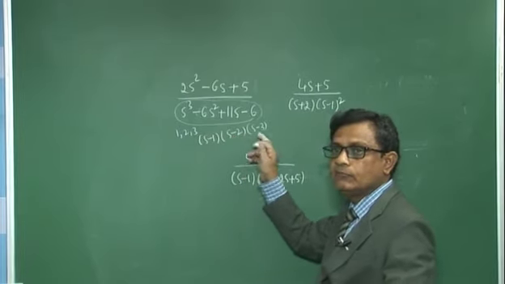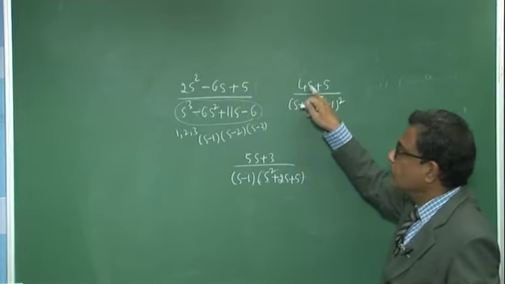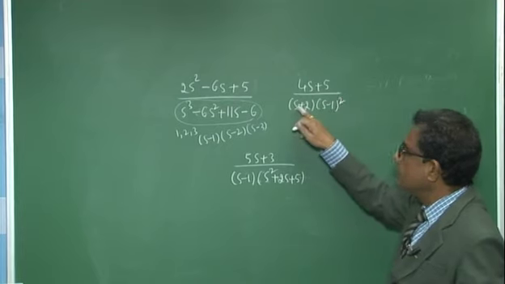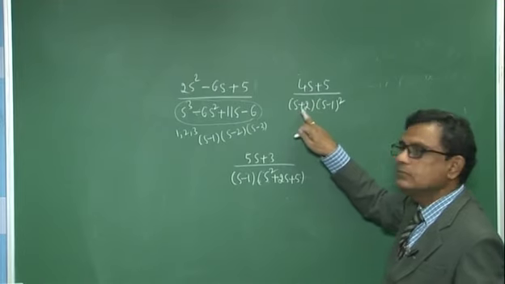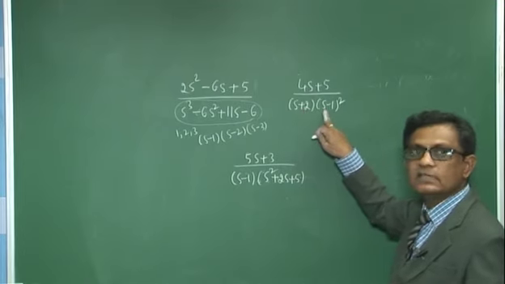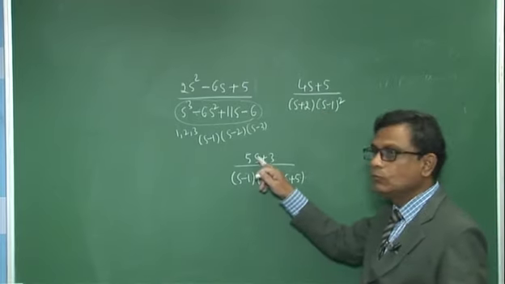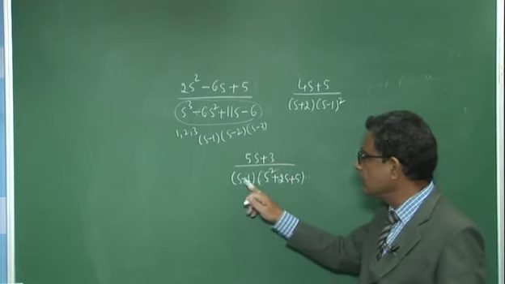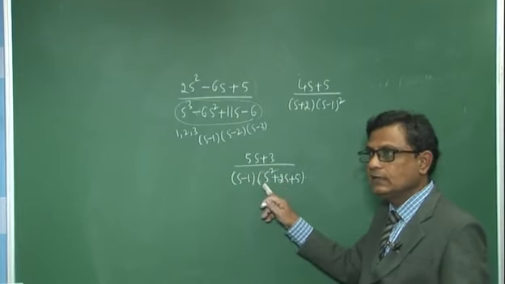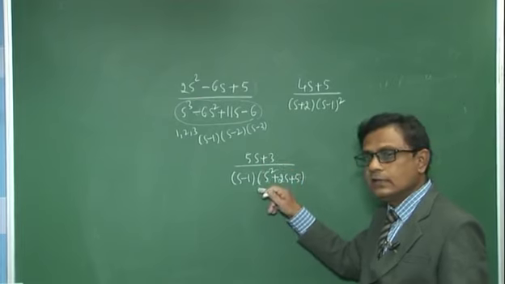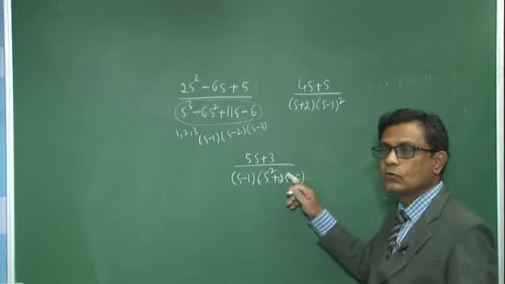Or if you consider the second example, the degree of the numerator is 1, the denominator is s square into s cube, degree 3. The degree of the numerator is less than the denominator, and the denominator is a product of linear factor and repeated linear factor. In the third, the denominator has a linear factor, whereas the other is quadratic.